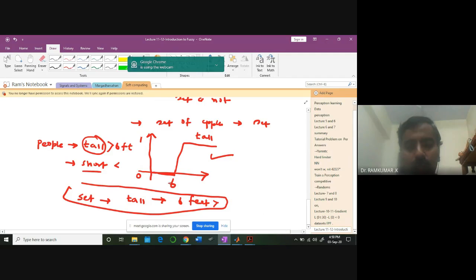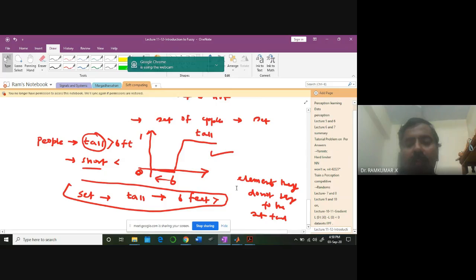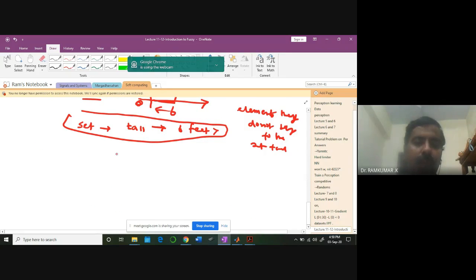All the values below 6 feet will be given 0 membership. It means that those elements don't belong to the set tall. And those elements above 6 feet belong to the set with full membership.